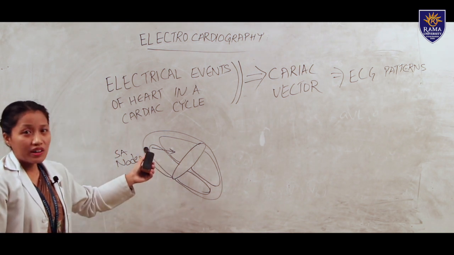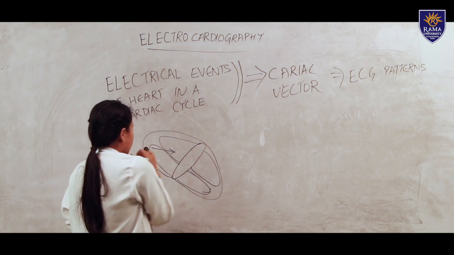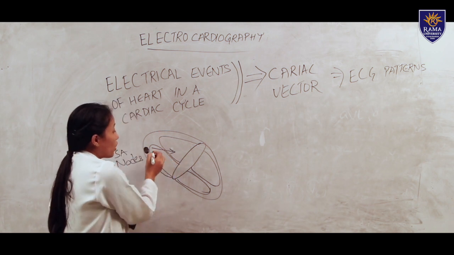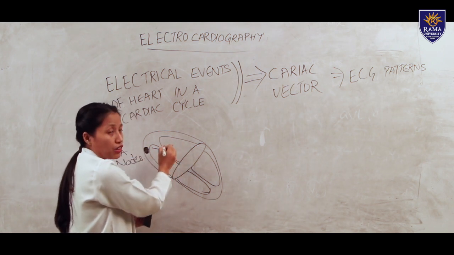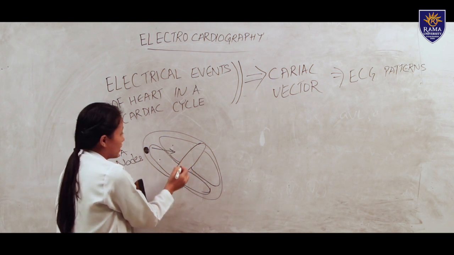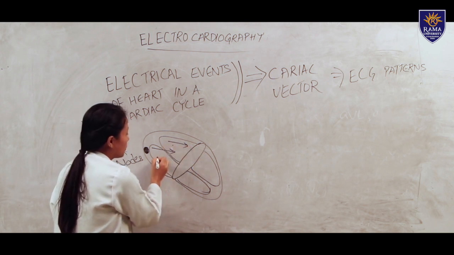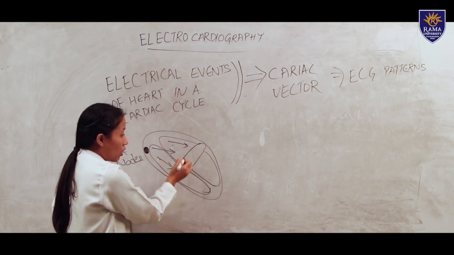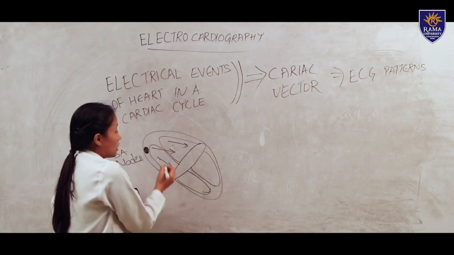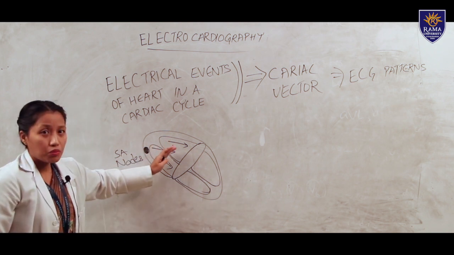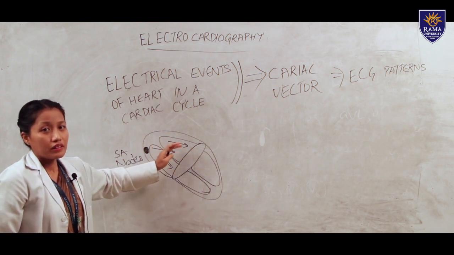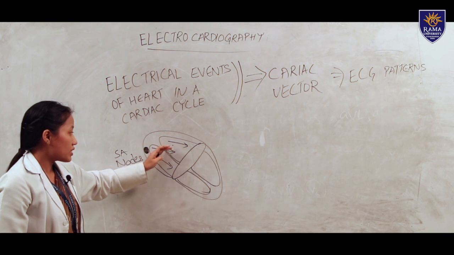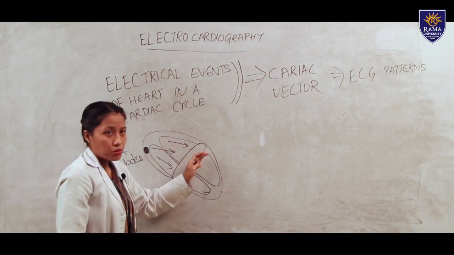After the right side and left side of the atria both depolarize, all the atria are depolarized, and this depolarization moves downward.